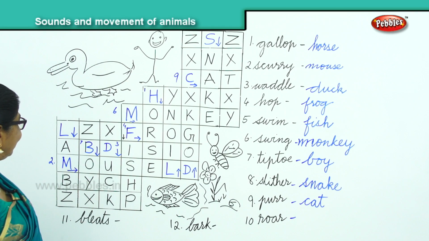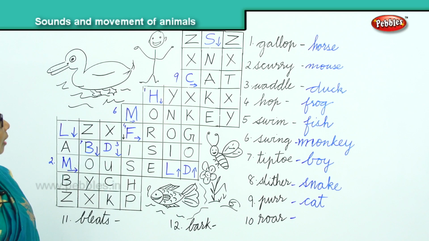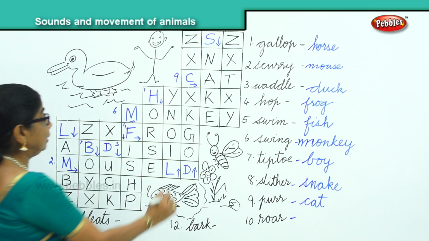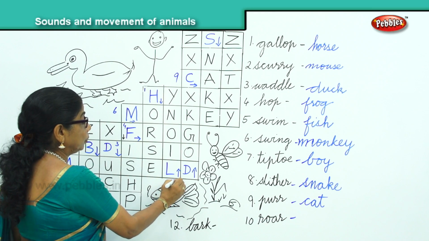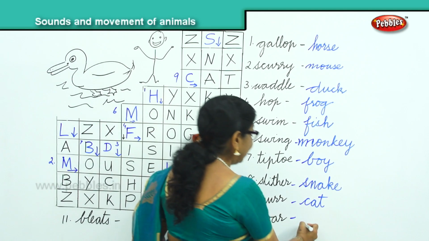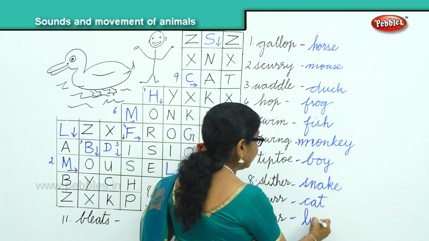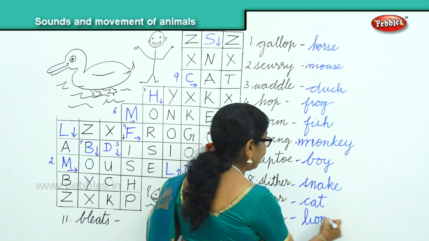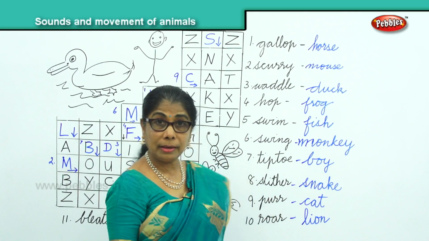Who's coming to my place? You have somebody roars, lion. Number 10, you have someone roaring, lion. Lion roars about in the forest.